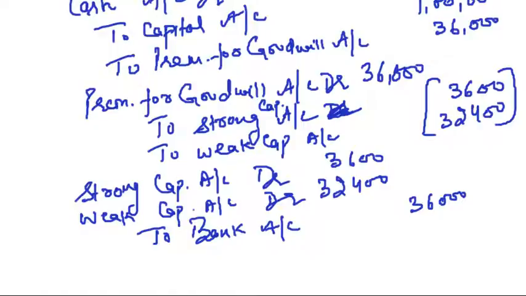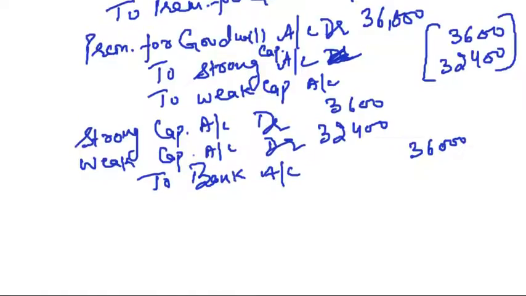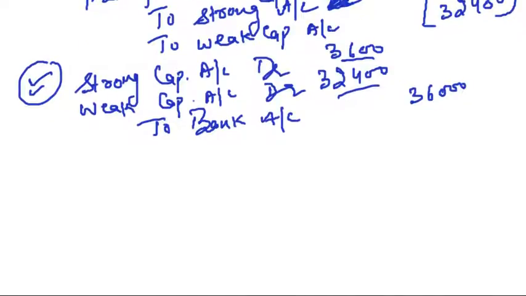Now friends, there is one more thing in this question. It is not necessary that the old partners will withdraw the full amount. Full amount means 3,600 and 32,400. They may withdraw some part of the amount. Right? Now, write down here, note.